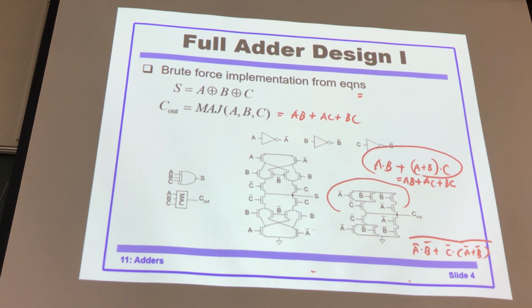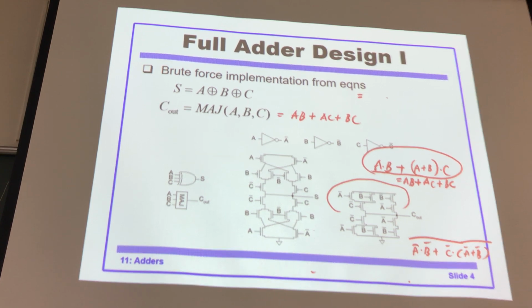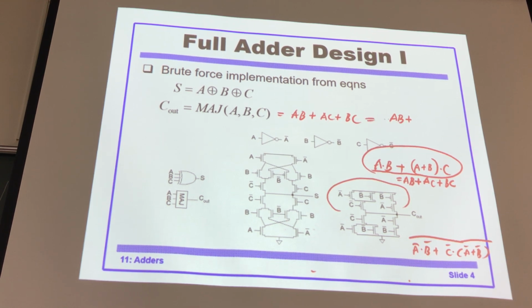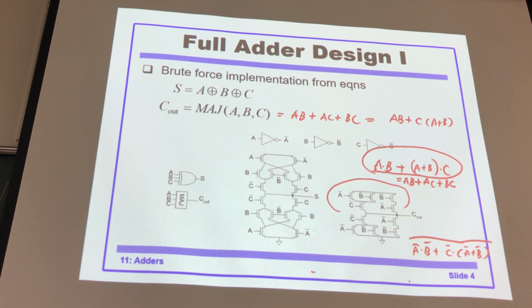This equation, we try to do the bar. AB. We can try to calculate here. C comes out, and A or B. Okay, something like that. And then try to put the bar on the top. Okay.